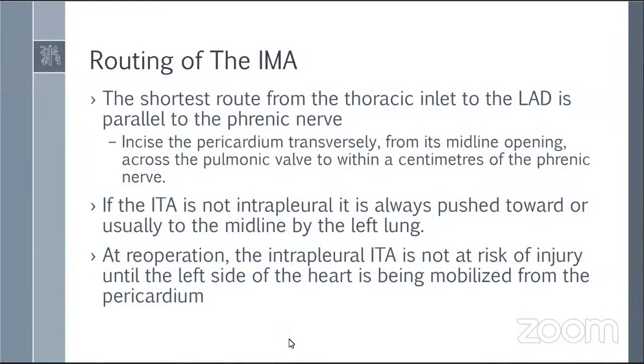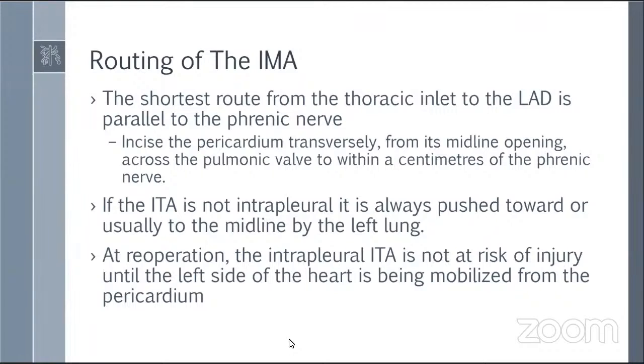So regarding routing the internal mammary artery, the shortest route from the thoracic inlet to the LAD is parallel to the phrenic nerve. So you have to have the internal mammary artery parallel to the phrenic nerve, and then take it inside the mediastinum to anastomose it to the LAD.